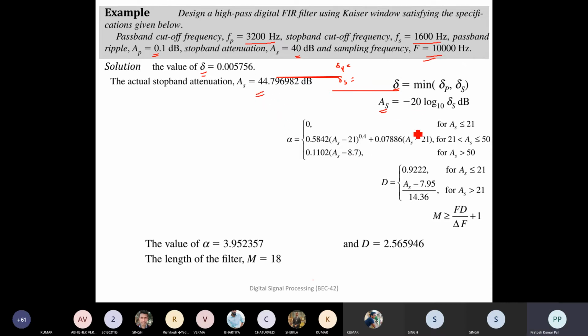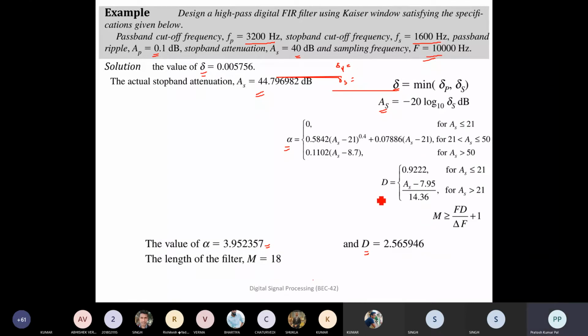Based on the A S value, we will be finding the alpha. Whatever A S value is coming out, we will be finding the alpha. Once we have found the alpha, we will also find the D value. This D value will be given by the expression.